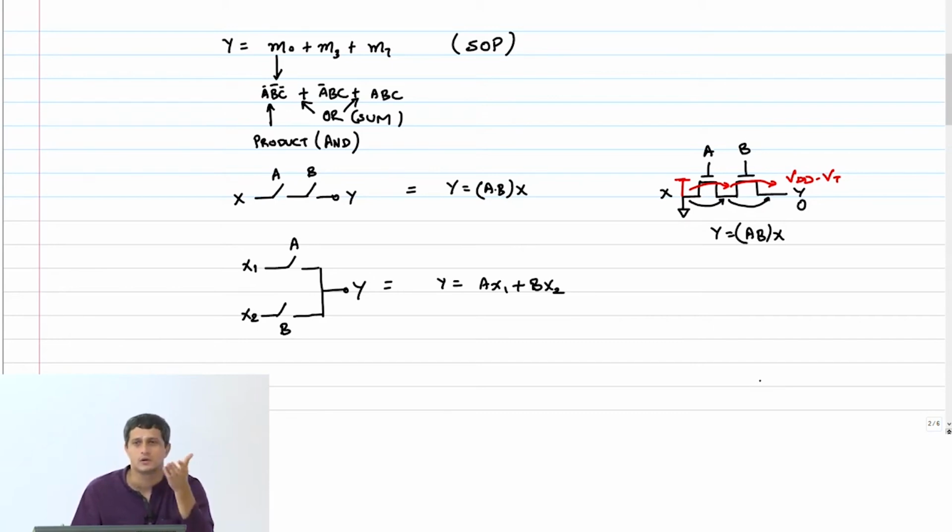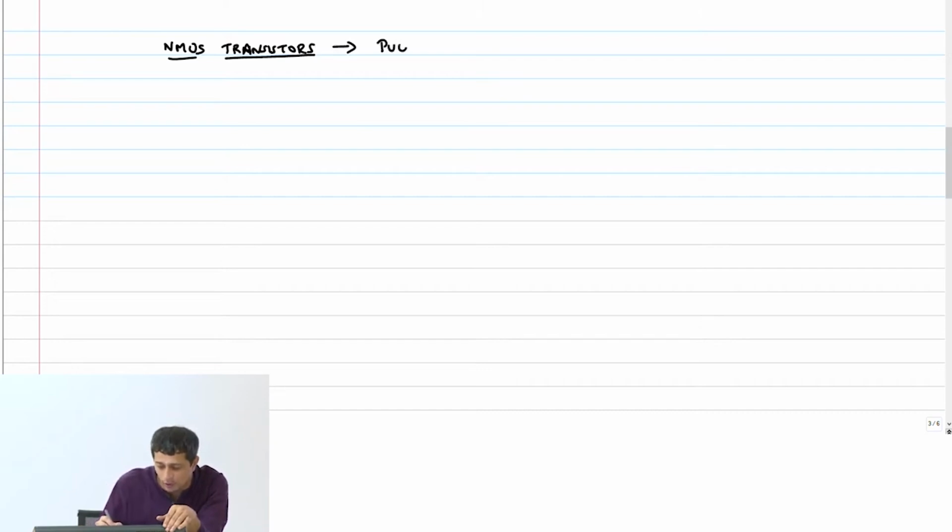And therefore, the problem with using these NMOS switches is it is not equivalent for both logic levels, right? So the conclusion is that NMOS transistors can be used only for pull down logic.